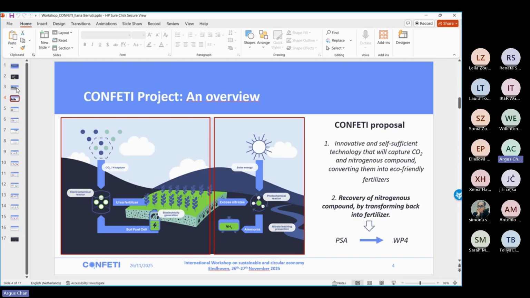The main proposal is, on one side, an innovative and self-sufficient technology to capture carbon dioxide and nitrogen compounds for producing fertilizer, and the part in which we are involved is the recovery of these nitrogen compounds by transforming them into fertilizer. Here are the partners involved in this part of the project.